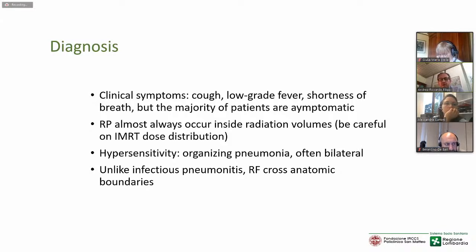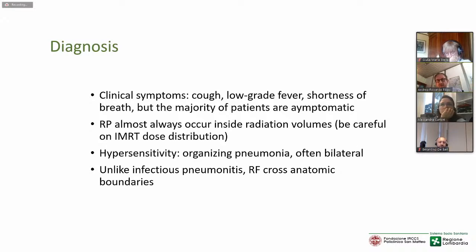For radiation pneumonitis, what is very easy to remember, but always important to underline, is that radiation pneumonitis occurs inside radiation volumes, and so you cannot make the diagnosis of radiation pneumonitis without a cross-check between the radiation fields and the radiological findings.